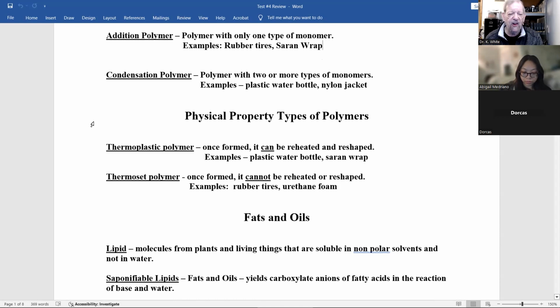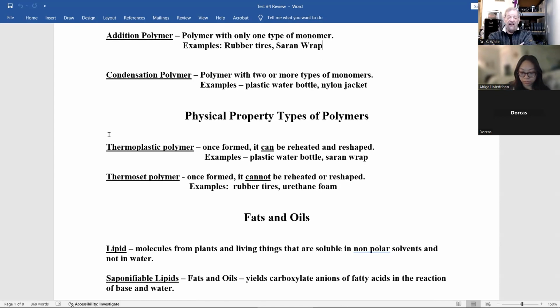Now, there's also two ways of identifying polymers by physical property, a key one. And you should know a thermoplastic polymer is a polymer once formed, it can be reheated and reshaped. An example is my water bottle or saran wrap. And there's no relationship between addition, condensation and thermoplastic.